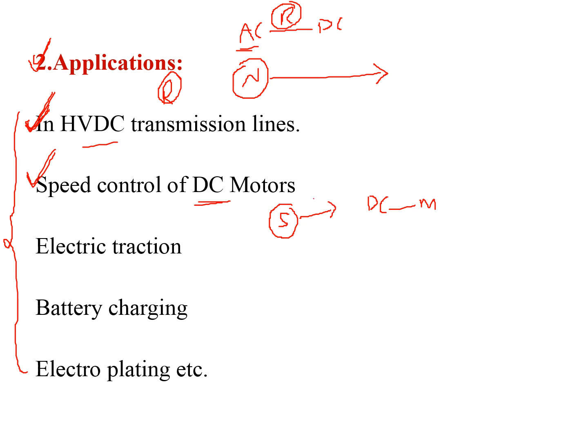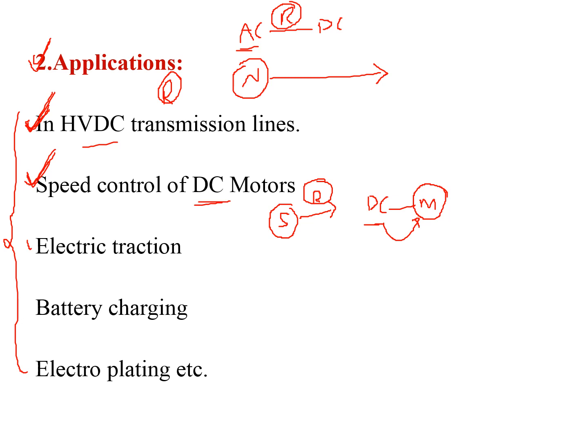For converting AC to DC, again we require the rectifier. After converting, this DC voltage is given to the motor. Then we can control the speed of DC motors. That is the second application.